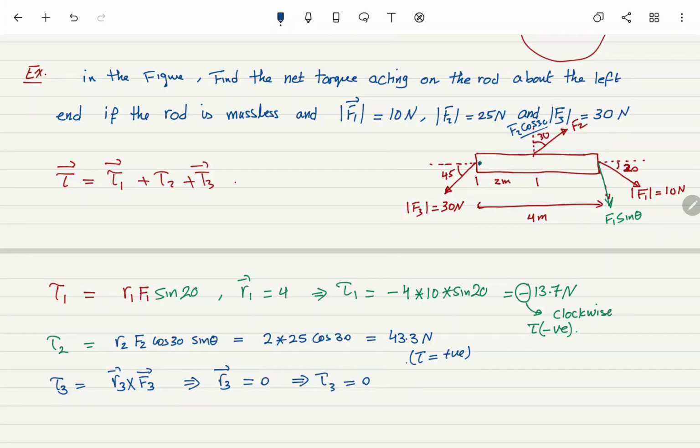So torque 3 is equal to 0. So the net torque in this case is equal to 29.6 Newton meters.